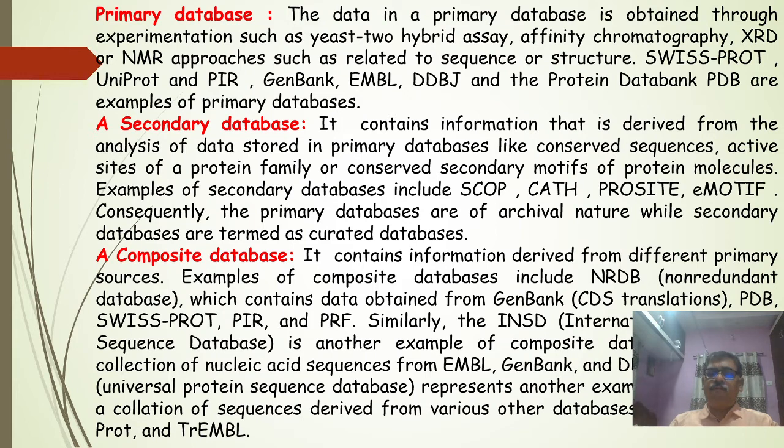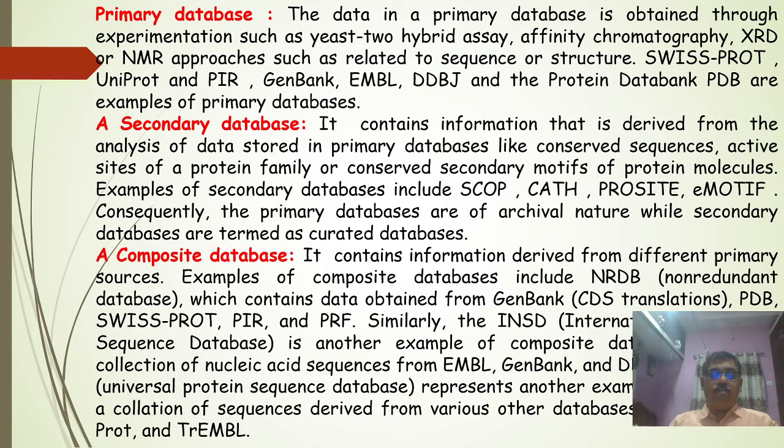A composite database comprises information that is derived differently from the primary sources, and it includes NRDB, the non-redundant database, which contains data obtained from GenBank, PDB, Swiss-Prot, PIR, and PRF. Likewise, the INSD, the International Nucleotide Sequence Databases, is another example of a composite database, which is a collection of nucleic acid sequences from EMBL, GenBank, and DDBJ.